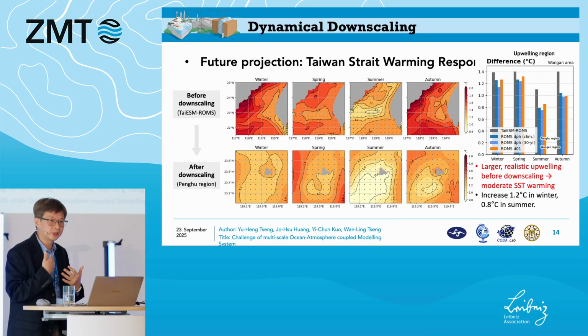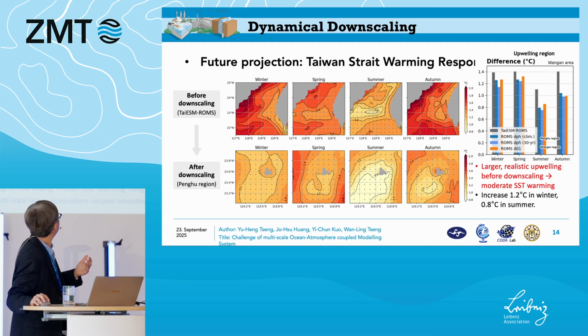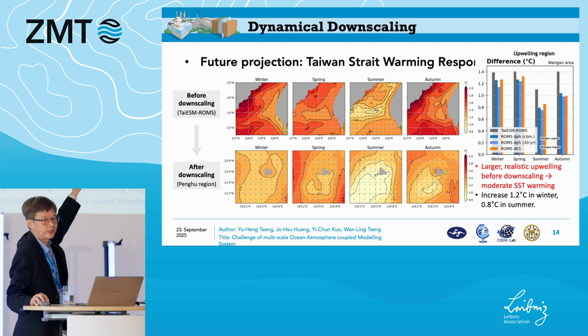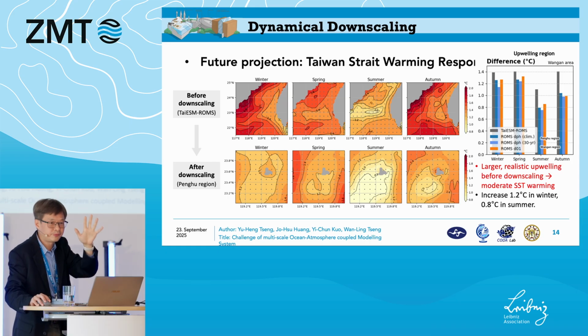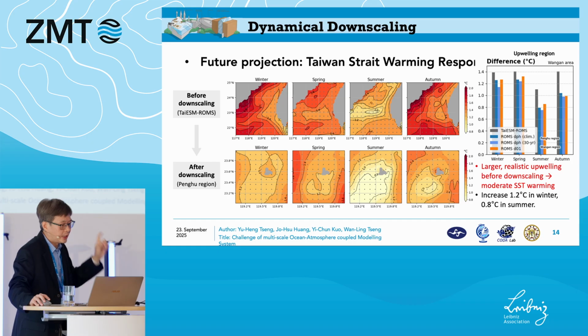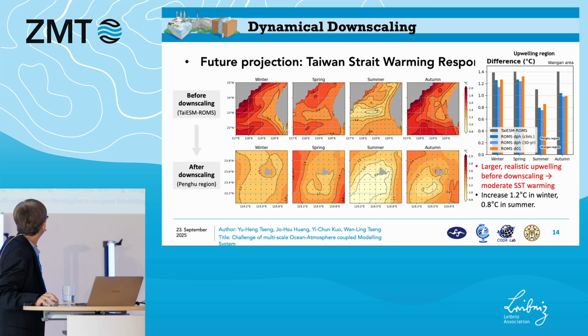And this is something worth noticing. Okay, if we further look at the future projections, the top is by the high resolution. This is from the 9 kilometer TropEcS simulations, and this is after downscaling to 5 meters. If you further look at the temperature behavior in winter, spring, summer, and autumn, you can tell they are totally different.